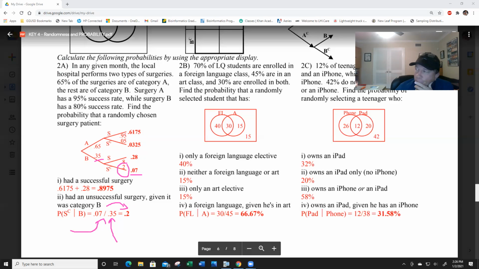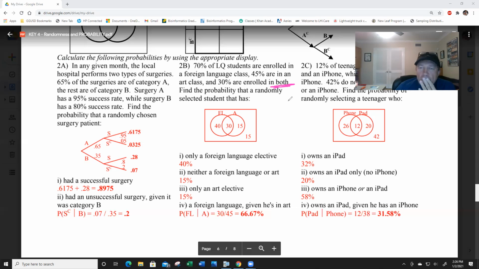All right. Question B. 70% of LQ students are enrolled in a foreign language, 45% are in art, and 30 are both. Okay, 30 are art. There's the word both. So that kind of tells you that we have a situation where this is a Venn diagram.